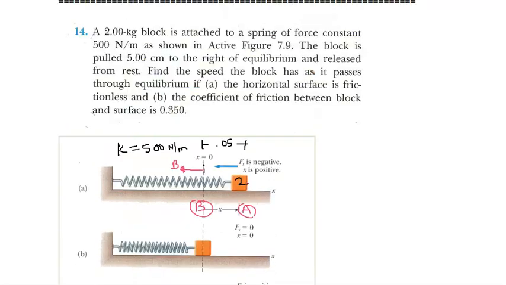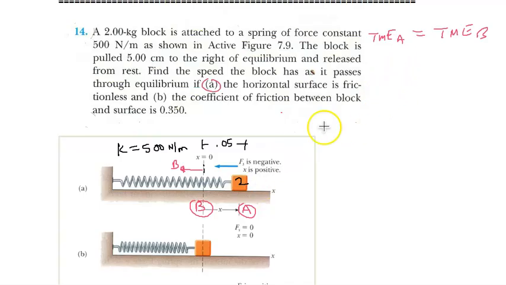Okay, so sorry, to think about what they mean by equilibrium for the second part. So we're going to say TME at A equals TME at B. We're doing A and there's no friction.